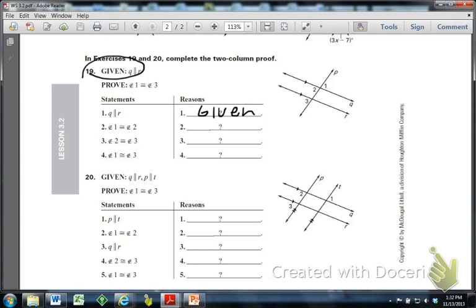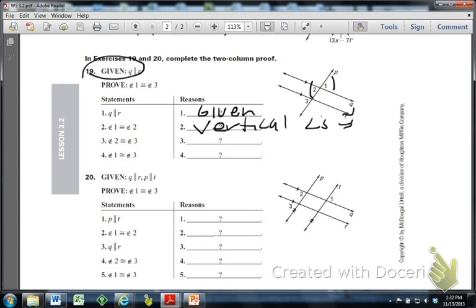I look at the picture and ask myself, is angle 1 congruent to angle 2? Well, they are. Why? Because vertical angles are congruent. That's one of our postulates from chapters 1 and 2.